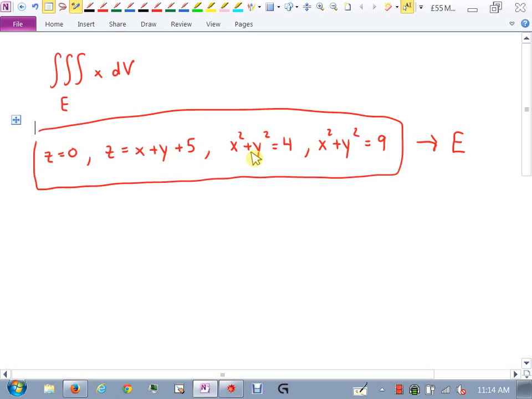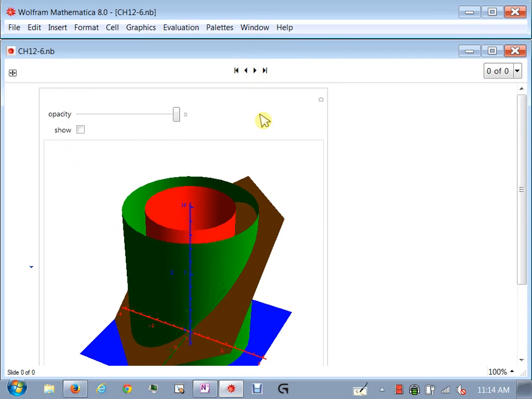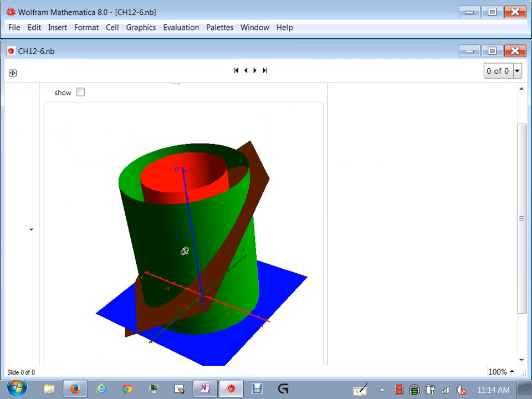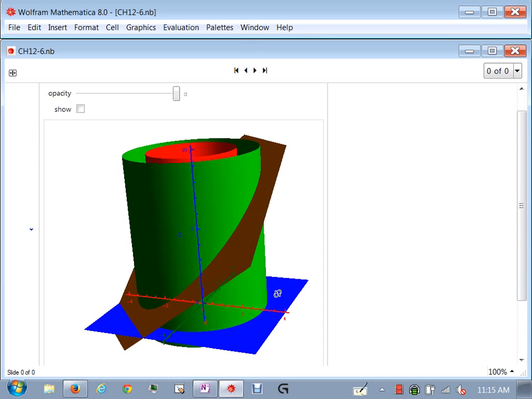You could say it's like a washer on the ground, so it's hollowed out in the center. And then imagine moving it up and then cutting it with the plane. Maybe something like this: the ground, the plane, an outer cylinder, an inner cylinder, and it's the region bounded by all of those.